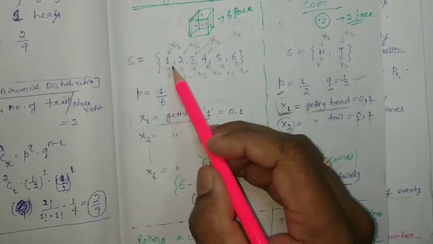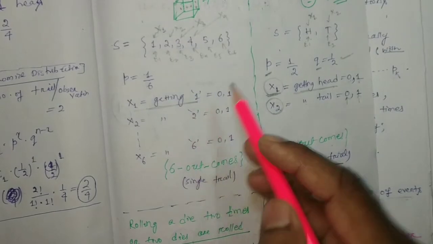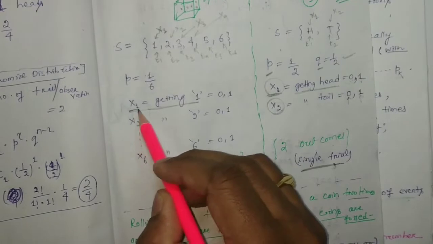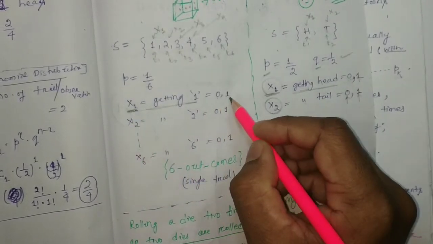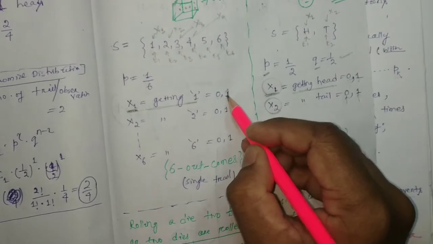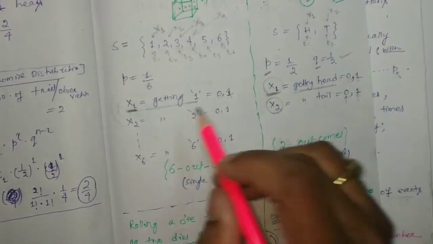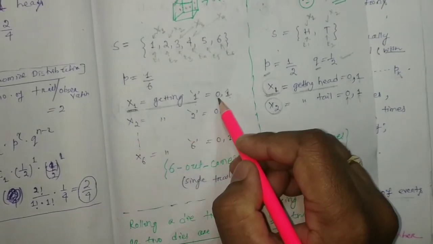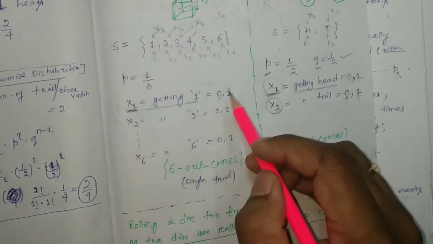So here getting number 1, if I consider the random variable as x1, the values of x1 will be 0 and 1. That means we can get 1 or we are not going to get 1. So x1 will be 0 means not getting 1, and x1 will be 1 means getting 1.